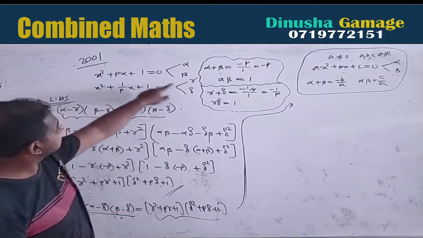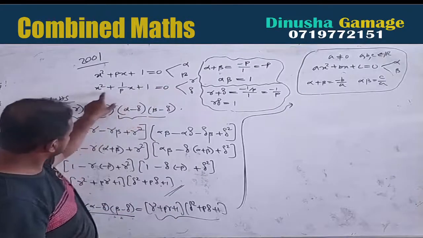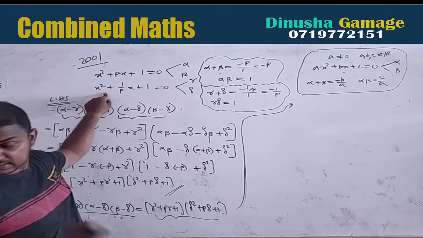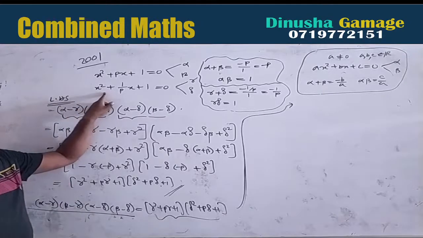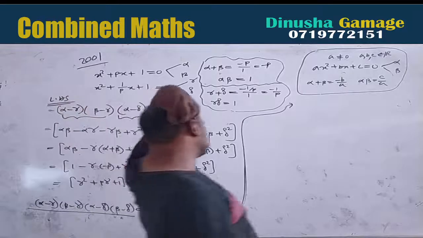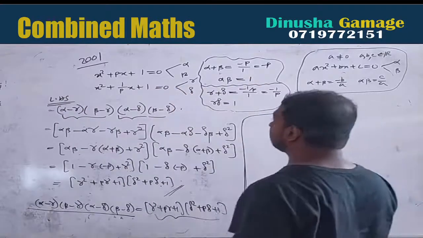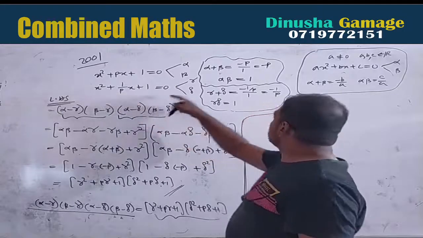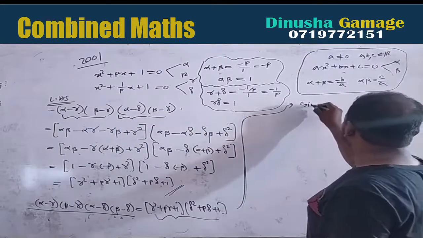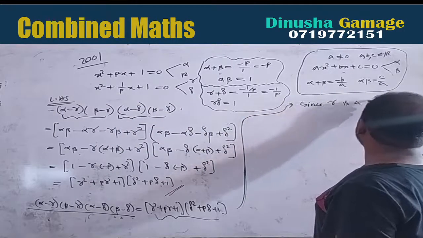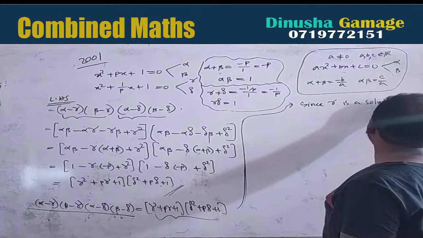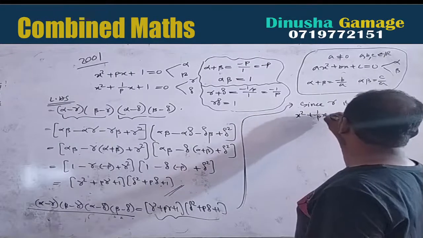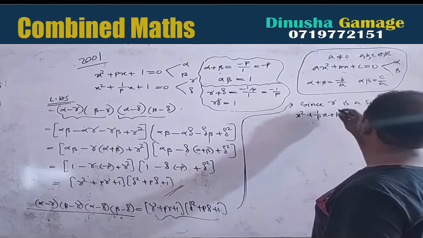You know gamma is a root of this. That is the way how you should simplify this. That is the easiest way to get the solution, right? You know gamma is a solution of this equation. Since gamma is a solution of x squared plus 1 over p x plus 1 equals 0.